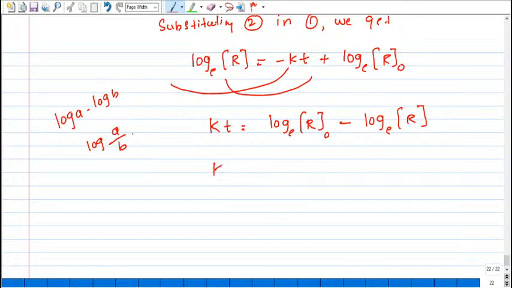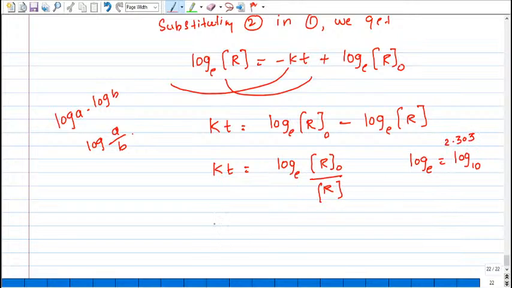Then I can write Kt is equal to log base e R naught by R. This is active mass. To convert log base e into log base 10, we have to multiply by 2.303. It's a rule.